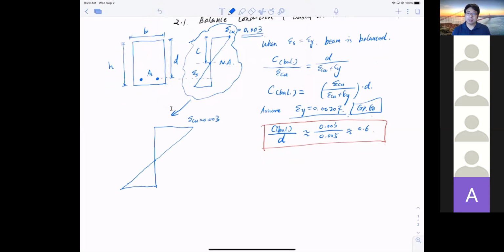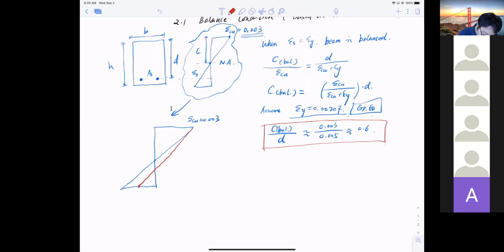Of course, I cannot increase the failure strain for concrete, but I can keep bending my beam. So if this is the balance point, I have two possible scenarios. One is I can bend my beam this way so that I have less tension and more compressive zone.